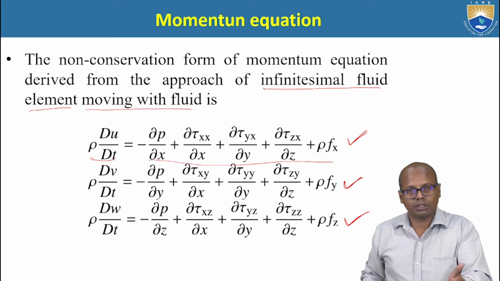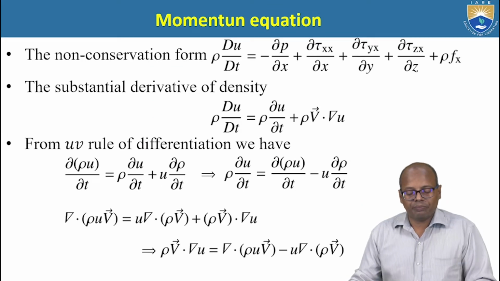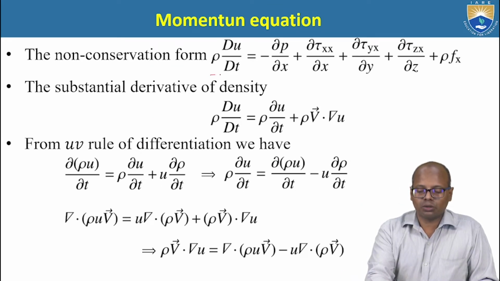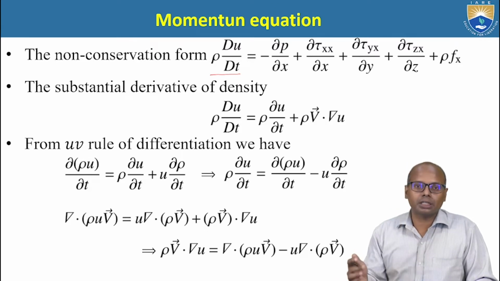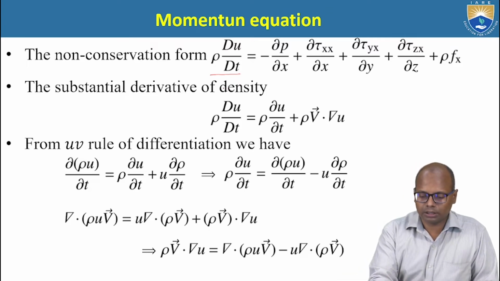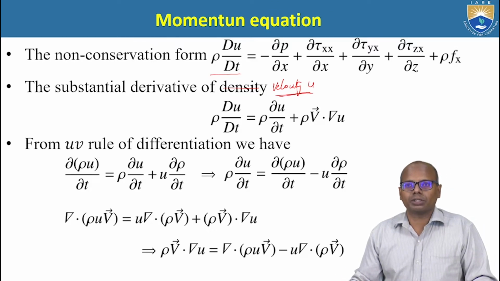Only the LHS we have to convert into the conservation form. Now, what is this rho into du by dt? Sorry, here it is written density, and u is a velocity. Velocity u. It is a substantial derivative of velocity.